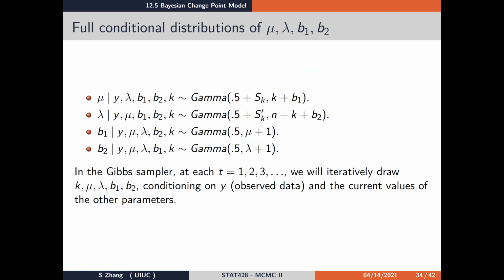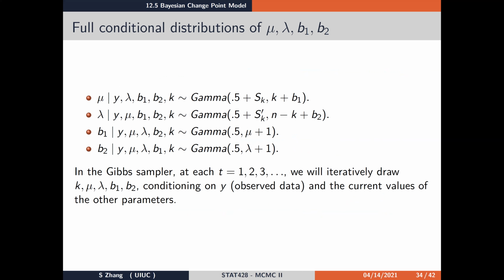And here are the full conditional distributions of mu, lambda, b1 and b2. Specifically, mu given the rest of the parameters and the observed data will follow a gamma distribution with shape 0.5 plus sk and rate k plus b1.